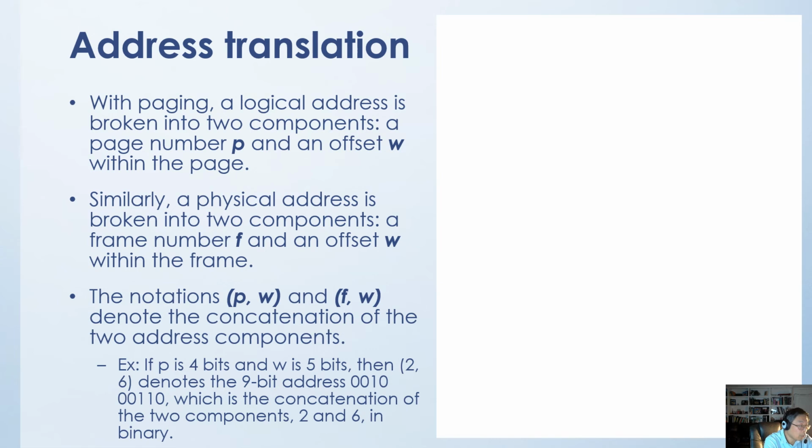So now we know with paging, a logical address is broken into 2 components. One is the page number, the other is the offset. We use W to represent the offset.